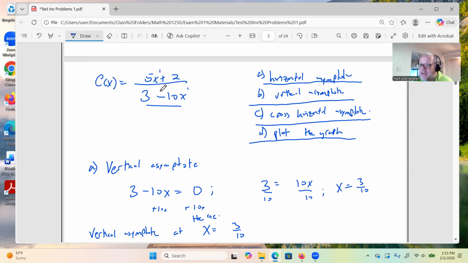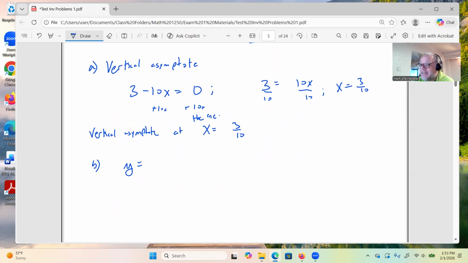You have to be careful here because the leading coefficient doesn't just mean the one that's in the front. It means the one that's next to the highest power of your x. So this is going to be 5 over negative 10, or better known as negative 1/2. So we have a horizontal asymptote, the line y equals negative 1/2.